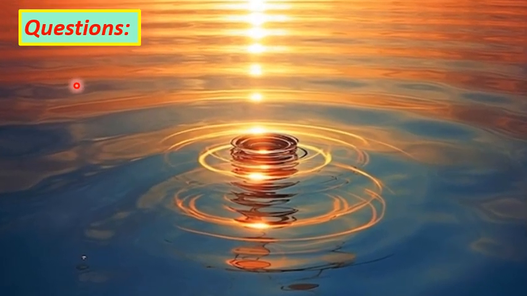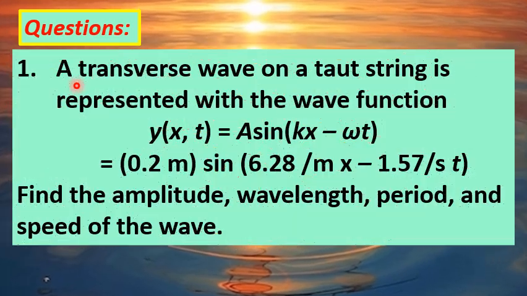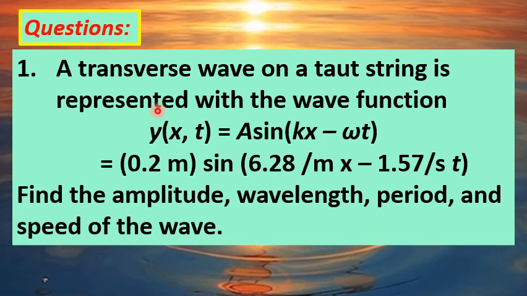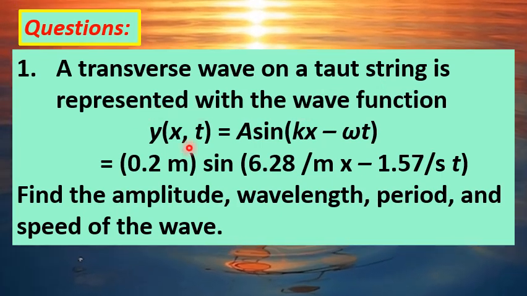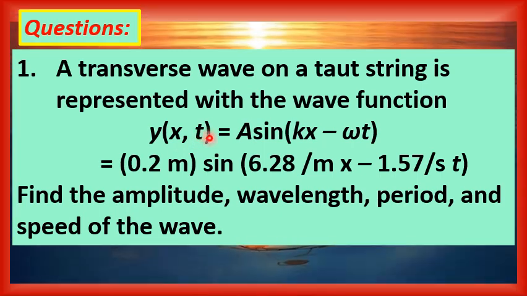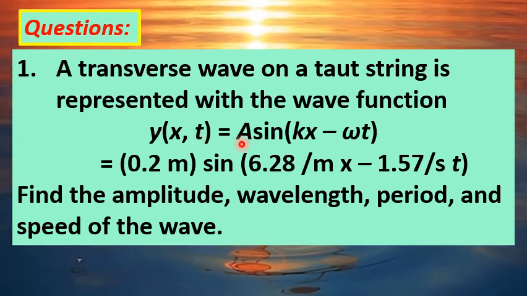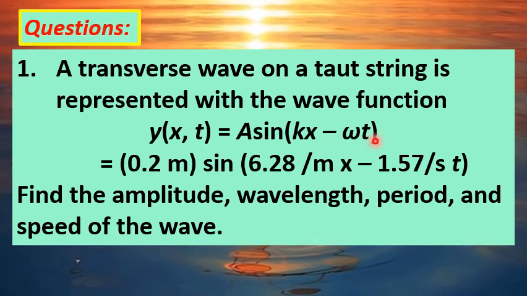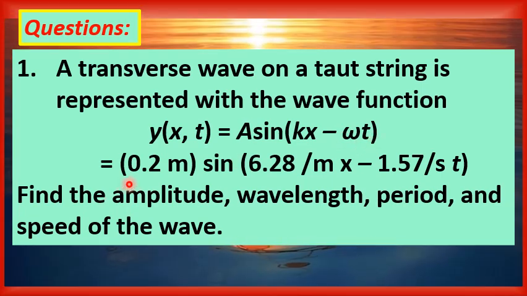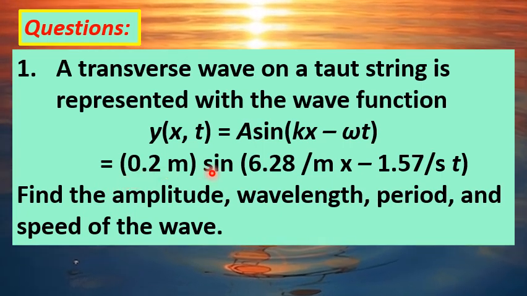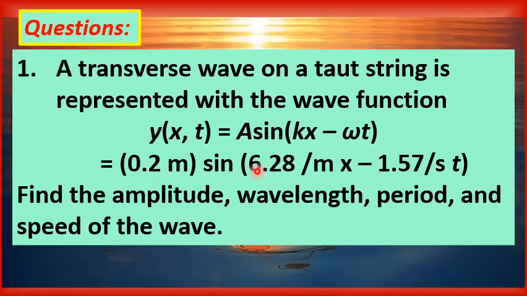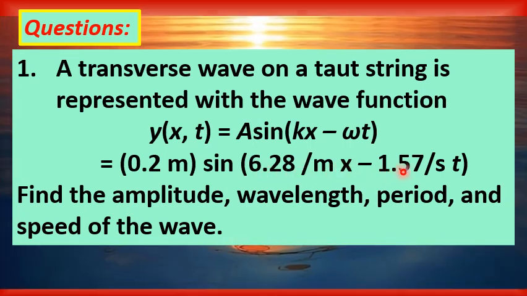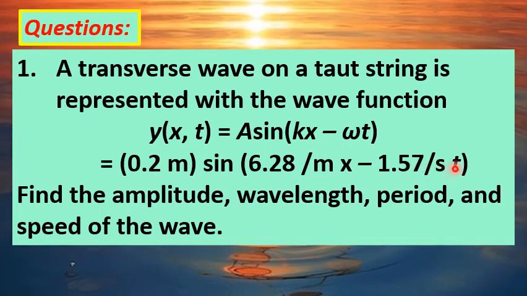Let's take a look at our first question. Number one, a transverse wave on a taut string is represented with the wave function y(x,t) equals capital A sine of kx minus omega t, and that is equal to 0.2 meters times the sine of 6.28 per meter times x minus 1.57 per second times the time t.